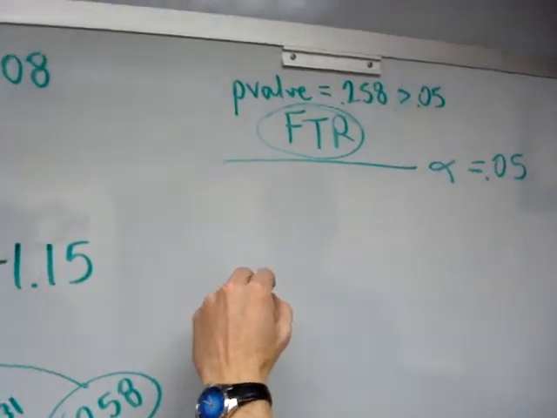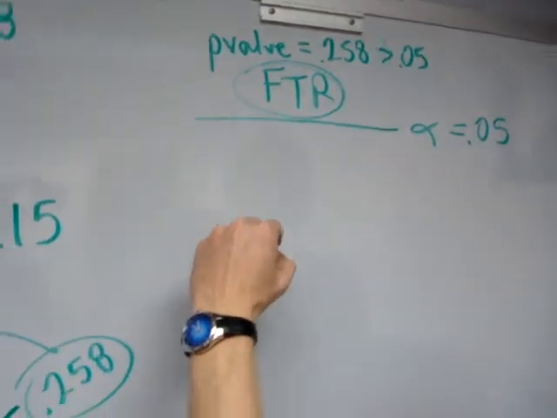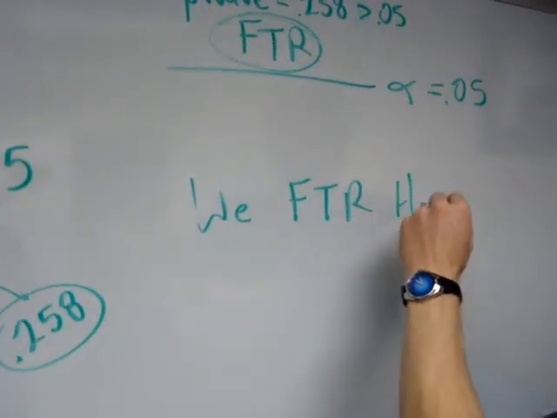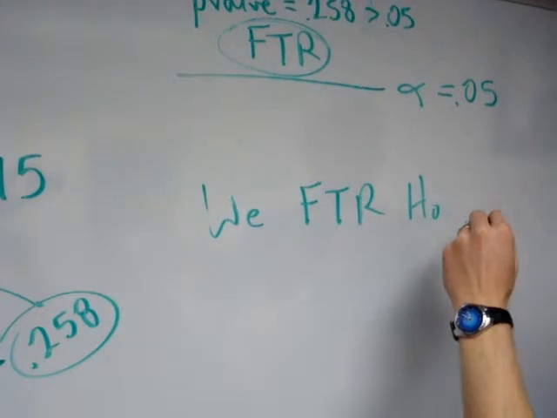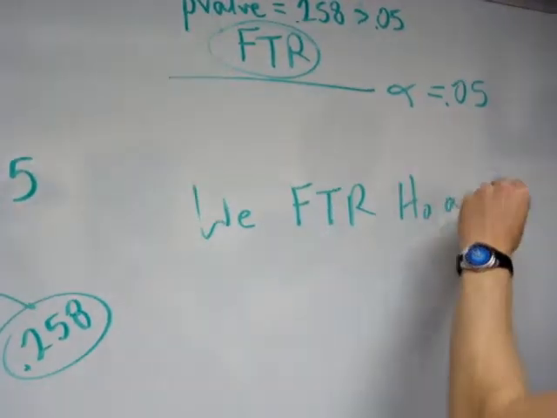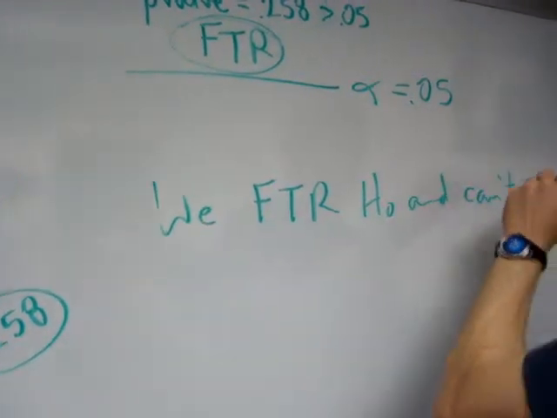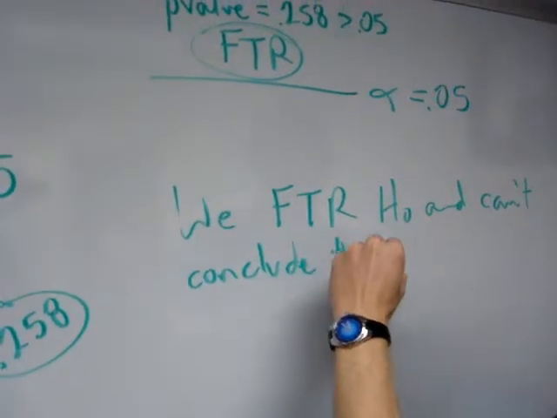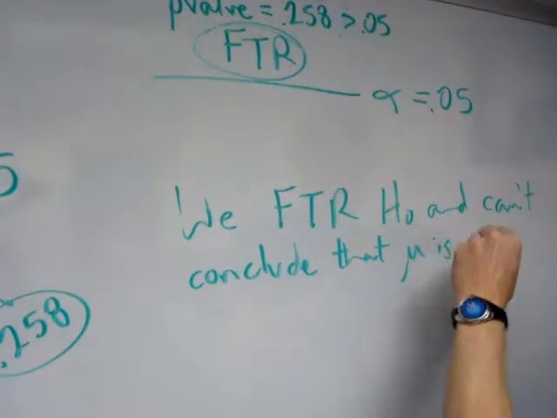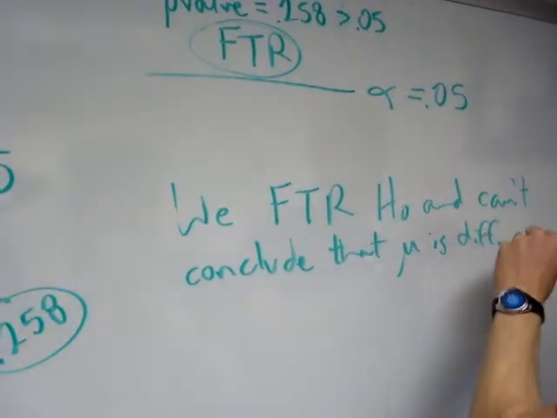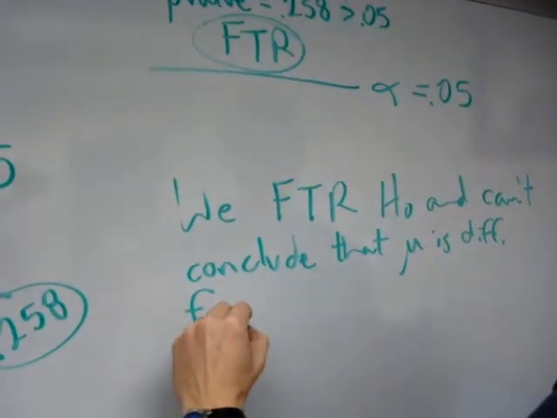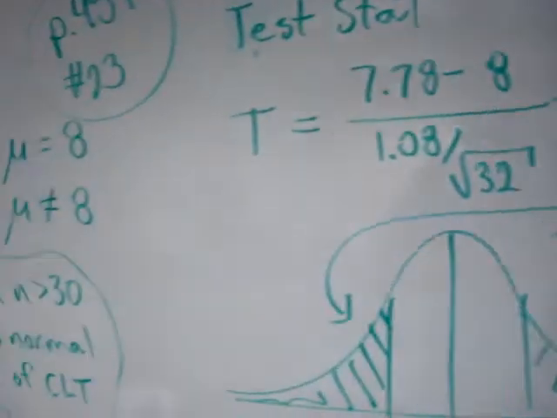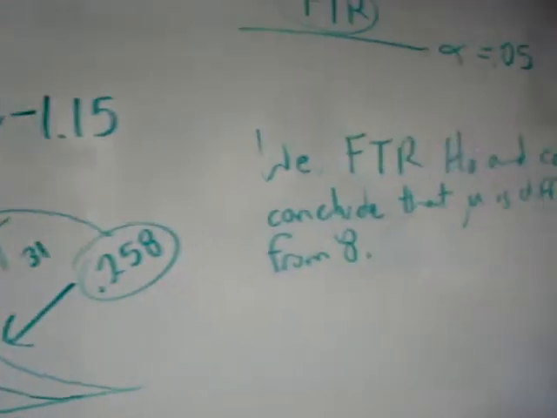And to write out a conclusion, we failed to reject the null. We can't conclude that mu is different from 8.